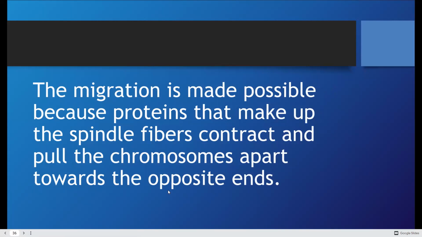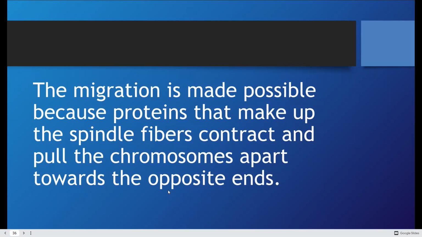What are those? The spindle fibers, the centromere, the centrioles. Let's tackle that at the end of this cell division because I created an illustration that will let you see the purpose and what is beyond those organelles.